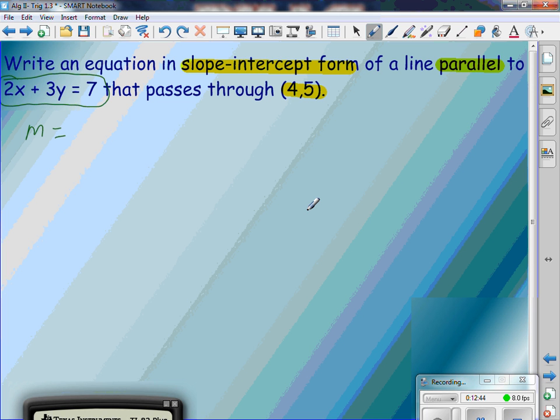No. What do I have to do? In order to find out what the slope is, I have to rearrange this. 2x plus 3y equals 7. Move the 2x over. 3y equals negative 2x plus 7. Divide by 3.